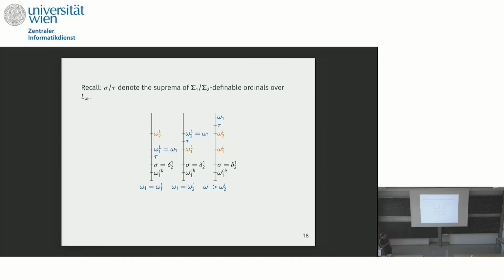But if ω1 of the real universe V is above ω1 of L, then tau is going to be pushed up here. And again, same for ω2 of L and so on. So this ordinal is variable depending on the model you're working with.